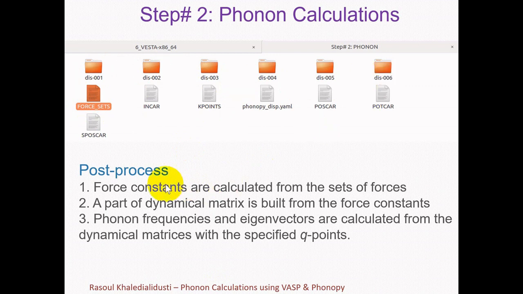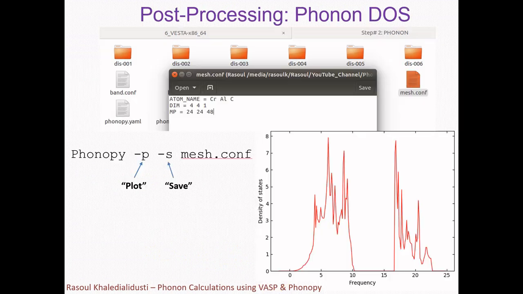In the post-processing, force constants are calculated from the sets of forces, and a part of the dynamical matrix is built from the force constants. And the phonon frequencies and the eigenvectors are calculated from the dynamical matrices with the specified Q points. I will talk about this concept later in this tutorial.